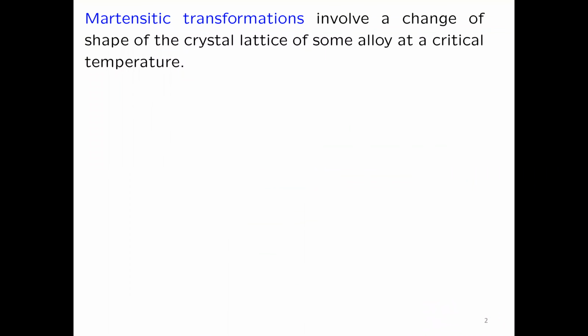Okay, sorry about that. So this talk is going to start with what are called martensitic transformations. They involve, so all alloys, metals, as you know, form from crystals. So there's an underlying crystal lattice, and martensitic transformations involve a change of shape of that lattice as you pass through some critical temperature.